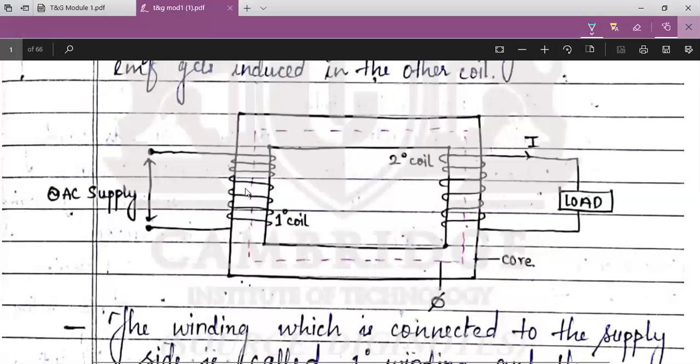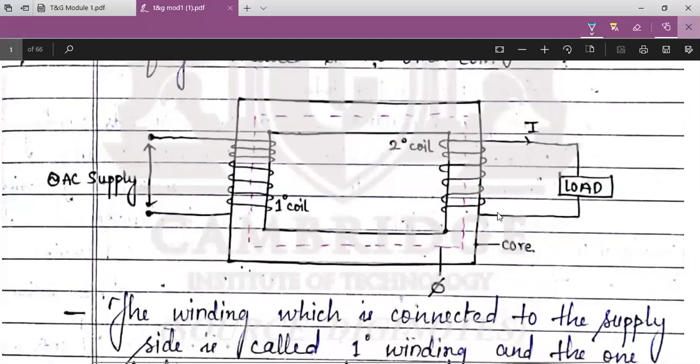Due to the flow of this current, magnetic flux is produced in the primary winding. This flux will link with the secondary side of the transformer. Due to this linkage of the flux, current is induced in the secondary side of the transformer, and that flows through the load. So we call this the secondary winding of the transformer.